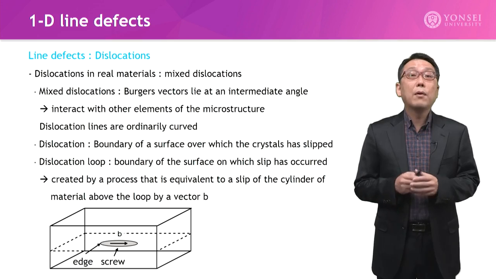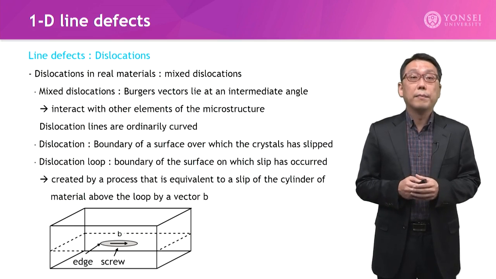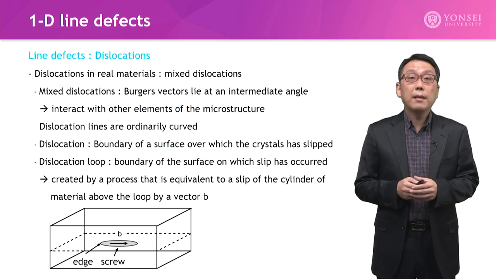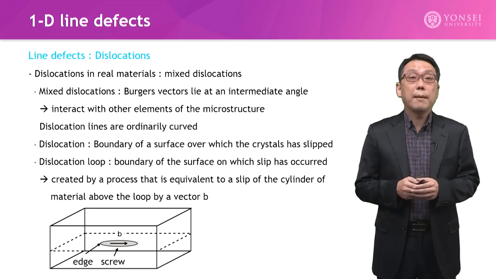A dislocation can be considered as a boundary of a surface over which the crystal has slipped. You can find in real materials this dislocation loop, a boundary of a surface on which slip has occurred, and it can be created by a process equivalent to a slip of a cylinder of material above the loop by a vector B as shown here.